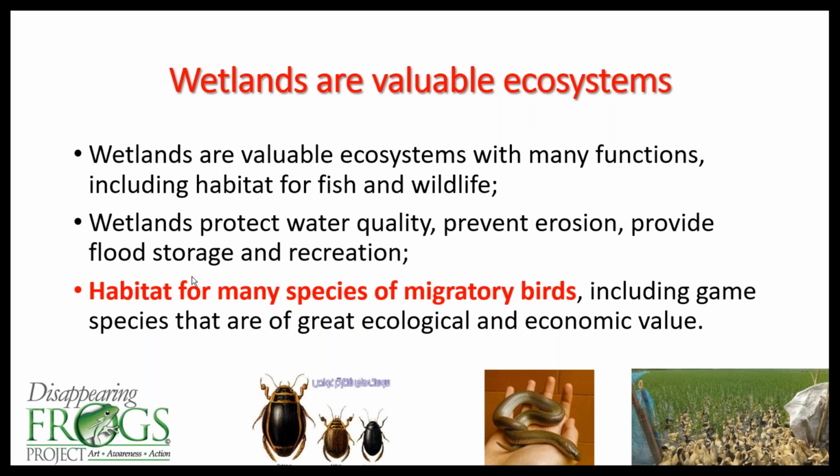But the most important function of wetlands is the biodiversity, holding and supporting a big amount of biodiversity on the planet, including game species that are of great ecological and economic value.